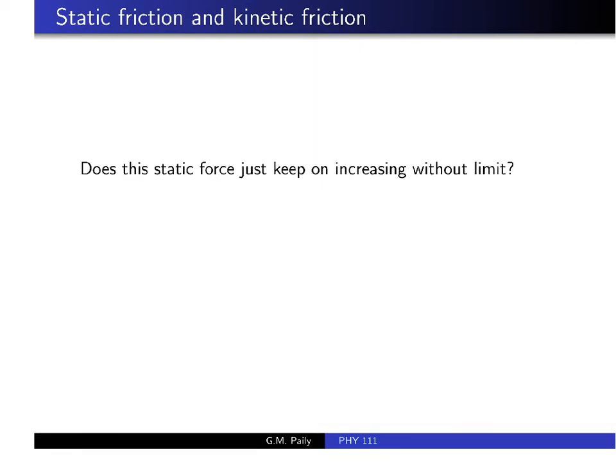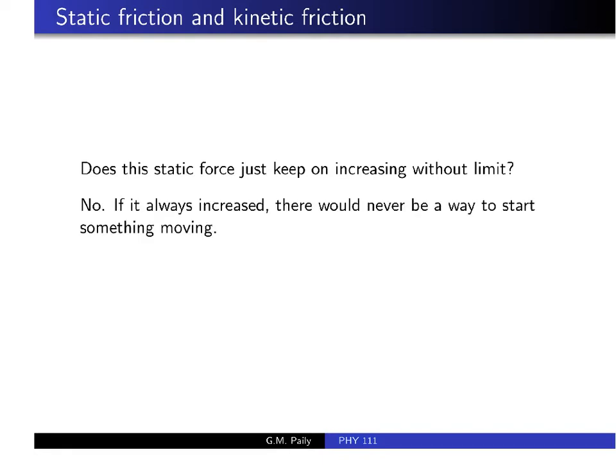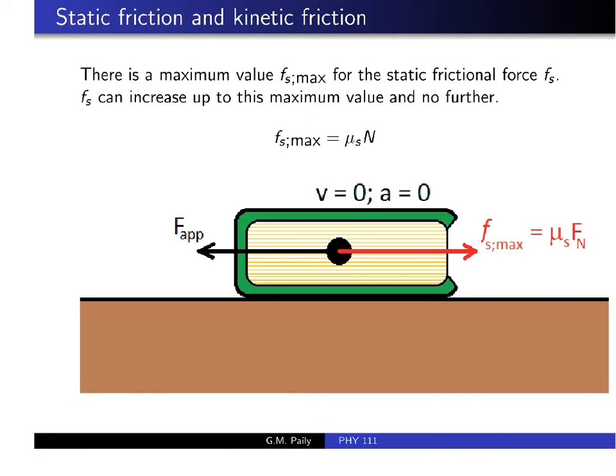So, does the static frictional force just keep on increasing without limit? No. If it always increased, then there would never be anything sliding or moving. There is some maximum value that the static frictional force can increase up to, and it can't go any further.